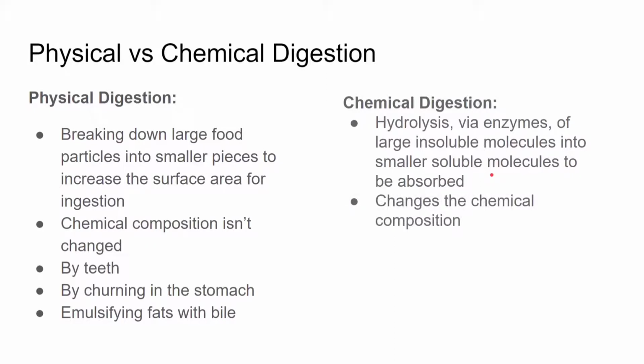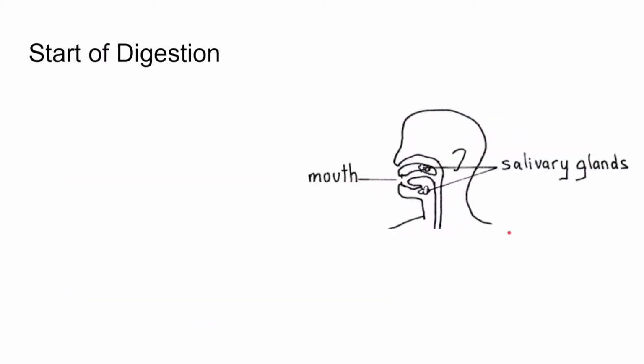One of the main differences is that this changes the chemical composition, unlike physical digestion. So we're actually breaking down molecules in chemical digestion into smaller parts that don't have the same chemical composition as the large insoluble molecules beforehand.